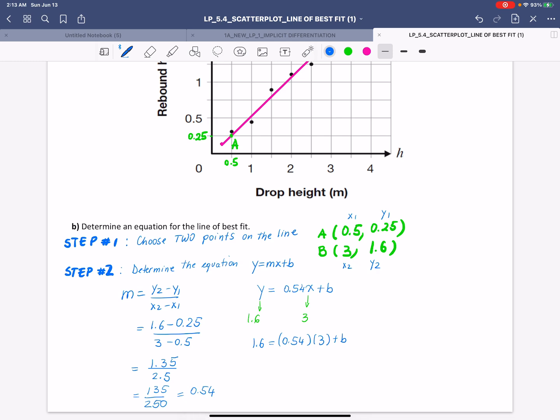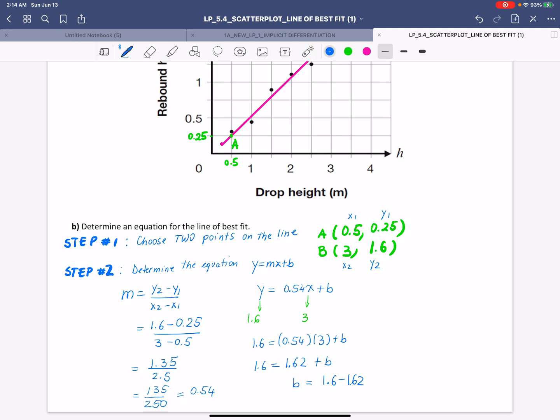So that means that we have 1.6 equals 0.54 times 3, which is 1.62, plus b. So the value of b equals 1.6 minus 1.62, actually, because we take this to the other side.